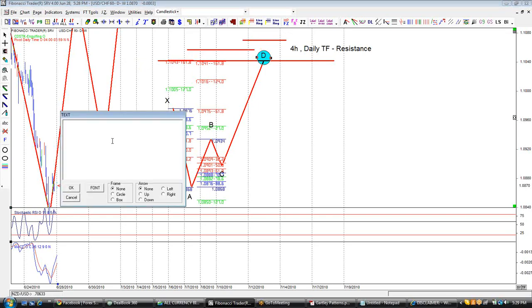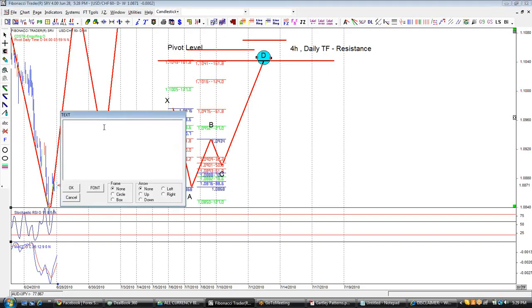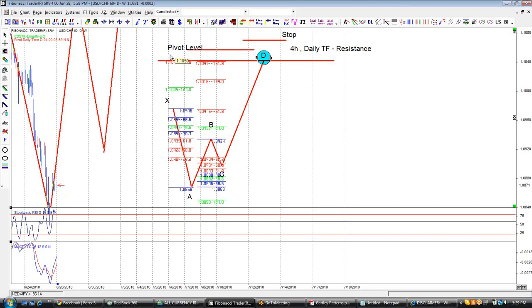That is the first place where we can place the stop. Now, what if there isn't a pivot? Like here, look, all the pivots are below. We don't have a pivot right there.